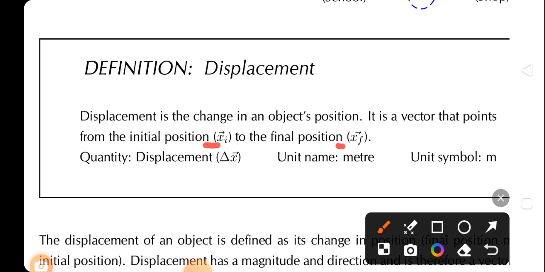So the quantity displacement is represented by this change in x, or delta x. Unit name: the unit of displacement is meter, as in the case of distance, they have the same unit. And the symbol of displacement is just the symbol of meter.